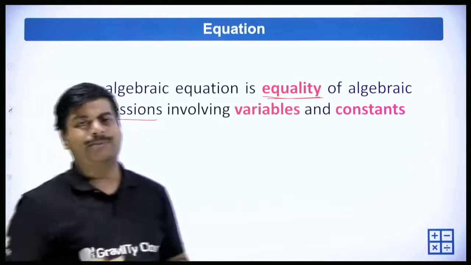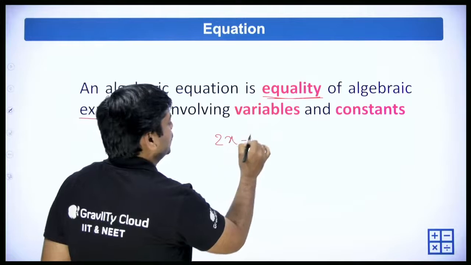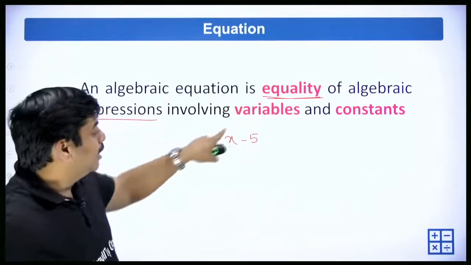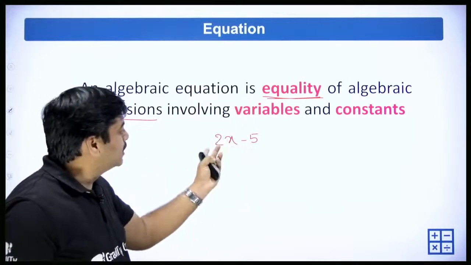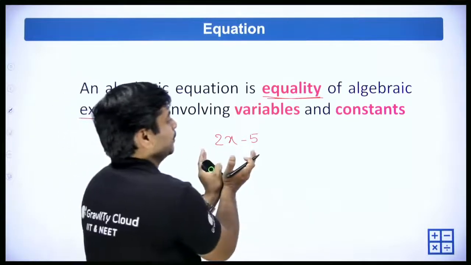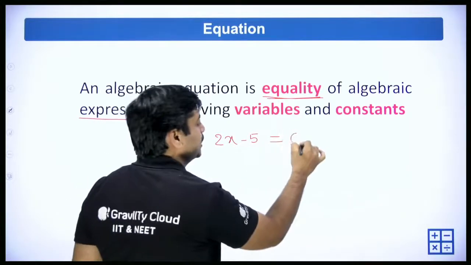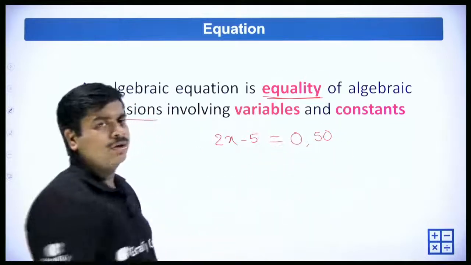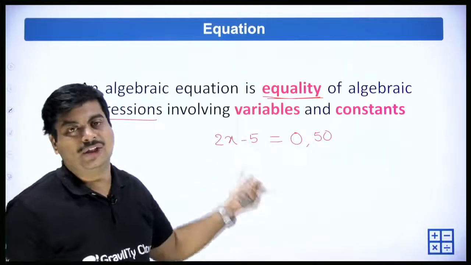You know what an algebraic expression is, we just discussed it. 2x minus 5 is an algebraic expression having variable x and constant 5. 2 is also a constant that is being multiplied to x. This is an expression which, when equated with the equal to symbol to 0 or 50 or 55, whatever the number is depending on the situation, is considered an equation.